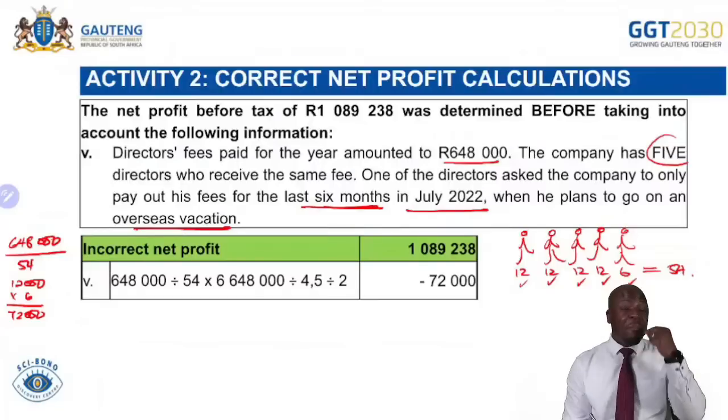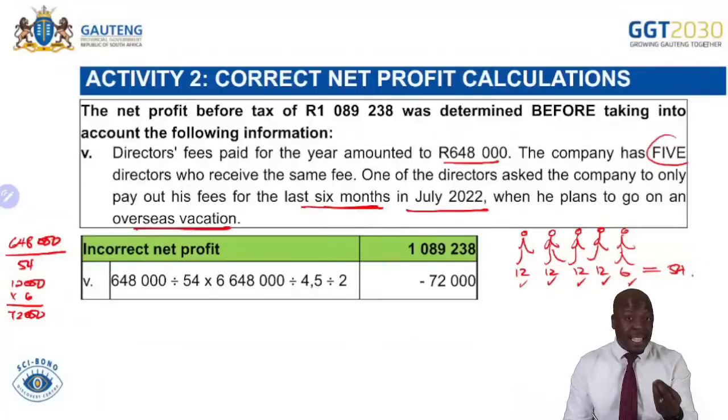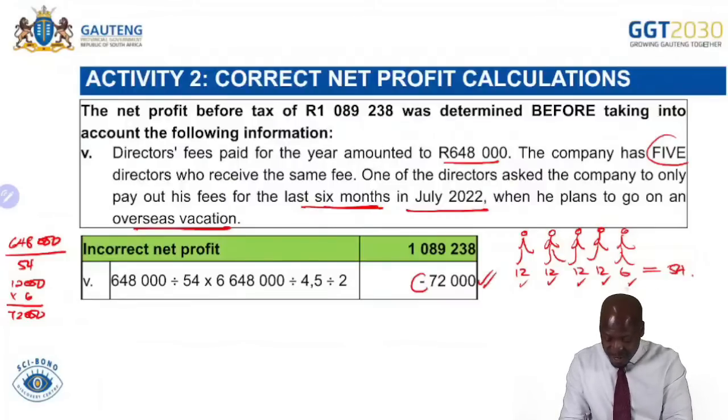It therefore means when we come to our calculation of correct net profit, we have an expense that we have not yet recorded. It must therefore decrease our net profit. Hence you see here, I have a minus 72,000 because one of the directors was not recorded as 12 months. It was recorded as 6 months.